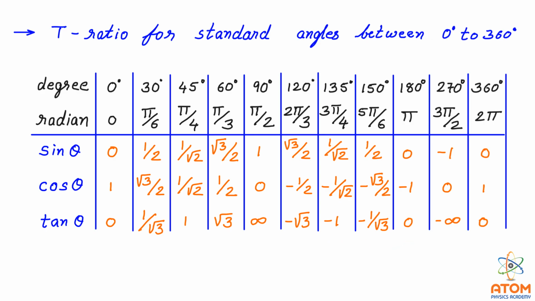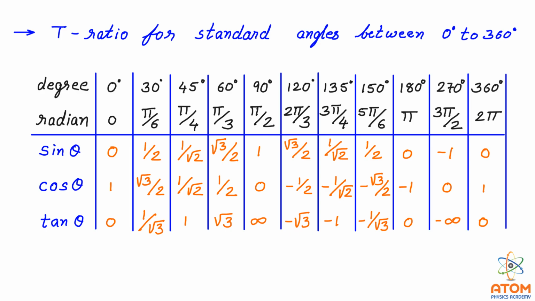Now for magnitudes you can remember one clue. The magnitudes of sin theta, cos theta and tan theta are the same for 60 and 120. You can see here, this is root 3 by 2, this is root 3 by 2, this is 1 by 2, here magnitude is 1 by 2, this is root 3, magnitude root 3.